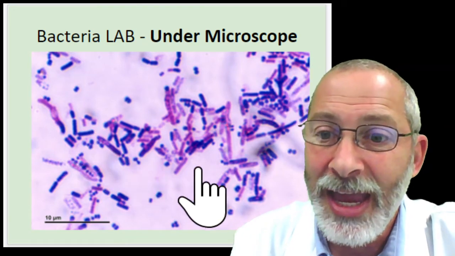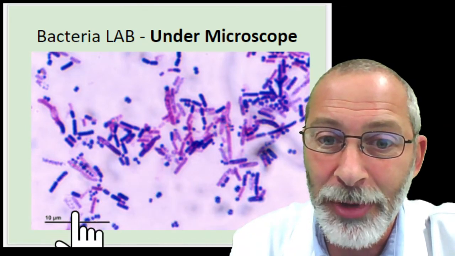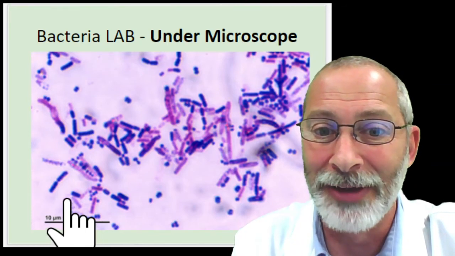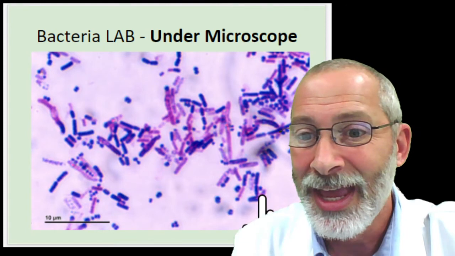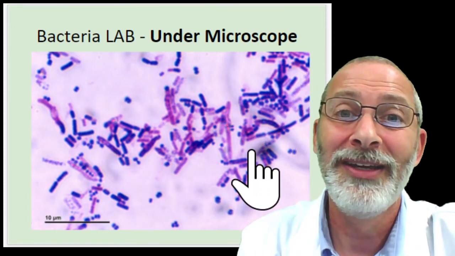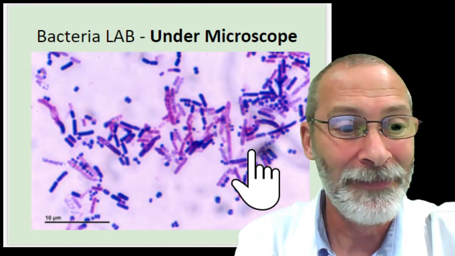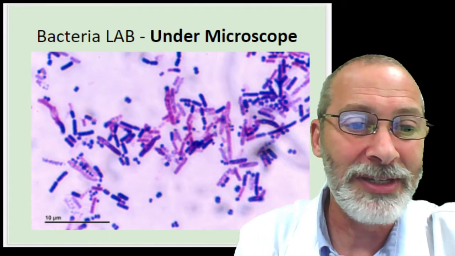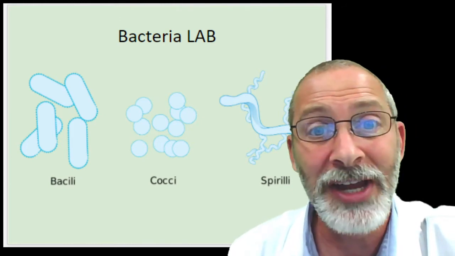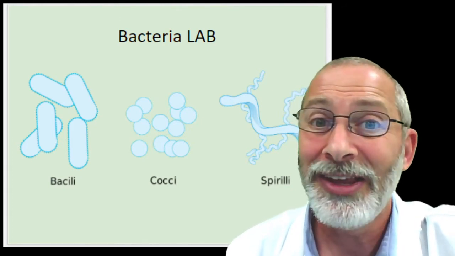Bacilli. And there's also, although some of them are out of focus, some spiral-shaped bacteria around here as well. And spiral-shaped bacteria, what are they called? Spirilli. So we have all three different kinds of bacterial shapes from that fourth and final sample.